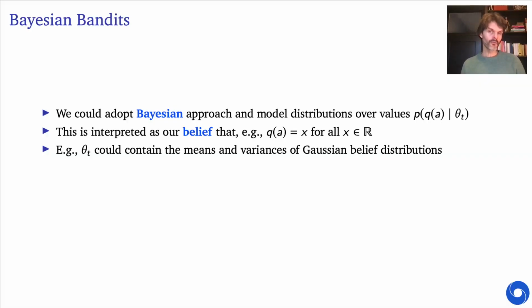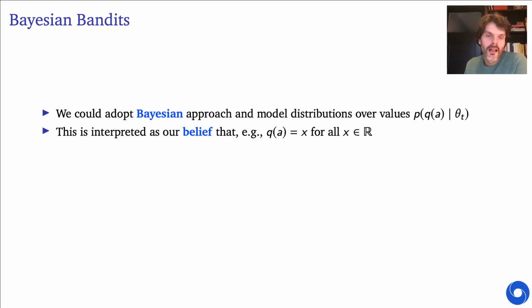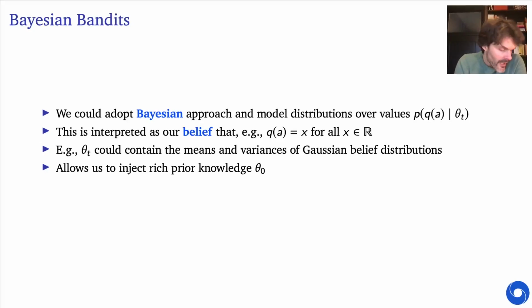That's a choice, right? We can just pick a distribution and then hopefully we pick it in such a way that at least the true value is supported. With a Gaussian, for instance, this would be the case because a Gaussian has full support over the real number line. And then this allows us to do a couple of things that we couldn't quite do before as easily, perhaps. For instance, we could already, a priori, pick certain actions to have a higher expected value than others because we know something about them.